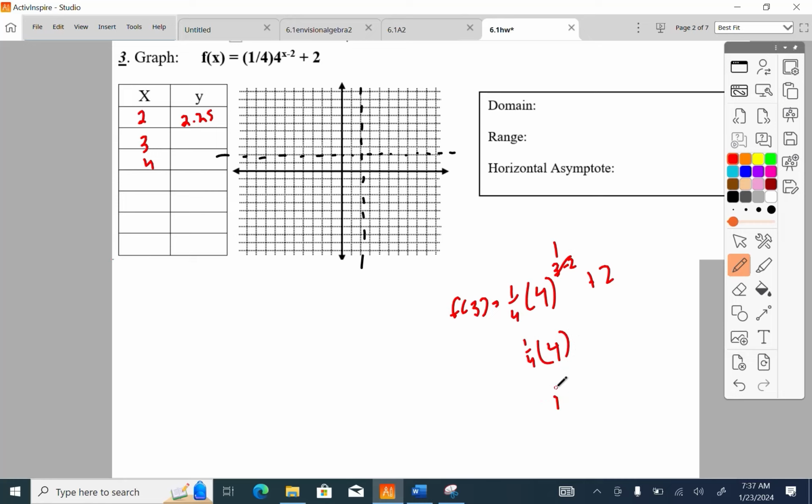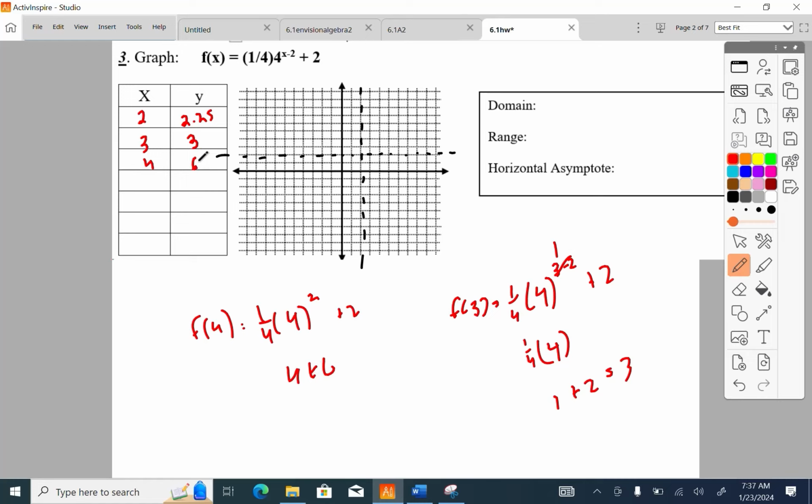Quarter of 4 is 1, plus 2 is 3. And I'm going to get a decimal when I plug in a 4. Or will I? No, I'll get a whole number. f of 4 is going to be a quarter of 4 to the 4 minus 2, which is 2, plus 2. That's 16, a quarter of that is 4, plus 2 is 6. And there's my 3 points.